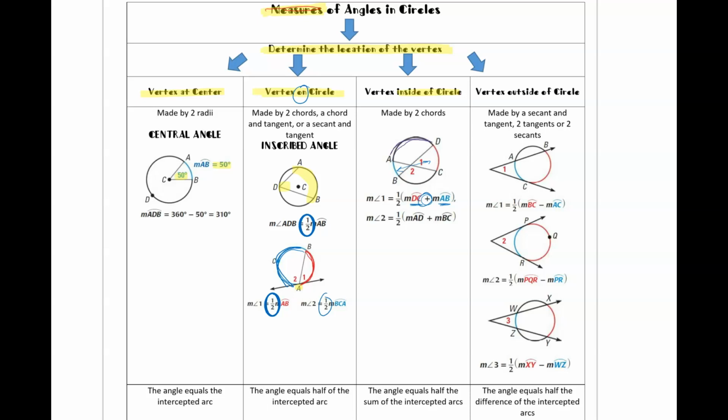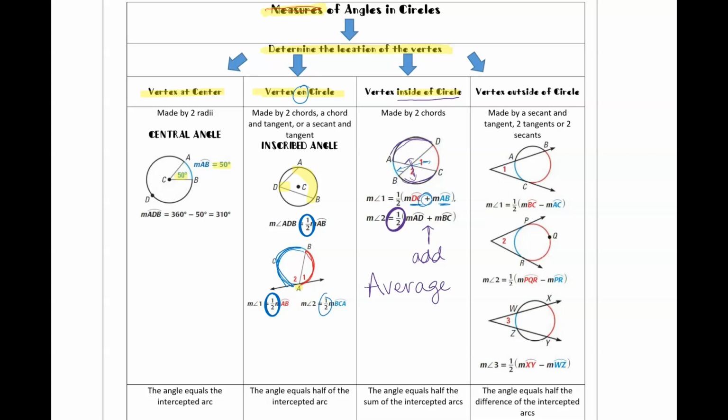It is 1/2 of AD and BC because those are the ones opposite of it. So when it's inside the circle, you are going to take 1/2 after you add them. I like for you all to think that you would average them.